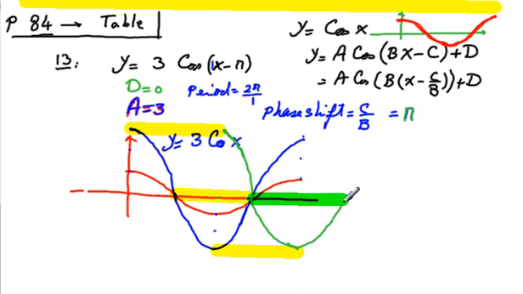That crossing comes here, and then finally this point moves by pi over here. So this becomes the graph of 3 cosine of x minus pi.